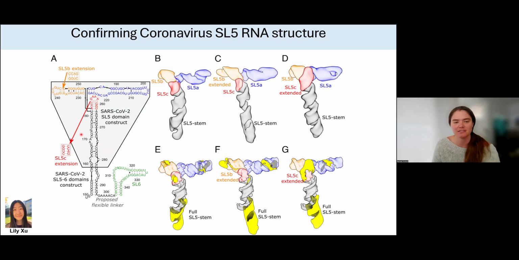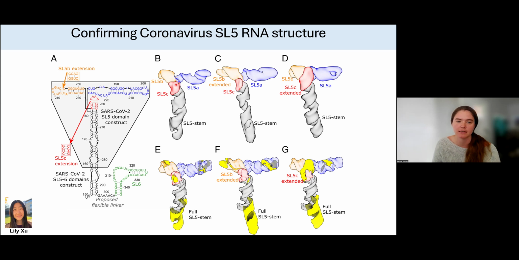But the general concept is if you think your stem, for example, if we think the red stem is here, and we just insert an extra extension to that stem, so we can just create that RNA that has that insertion, then in the cryo-EM map, we should also see that stem expand, right?